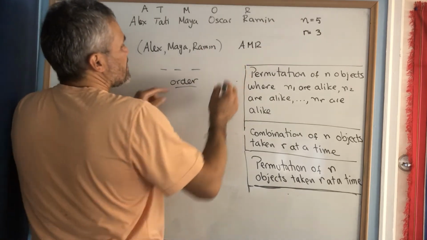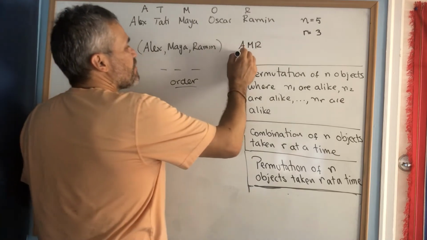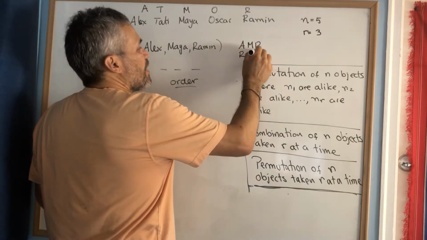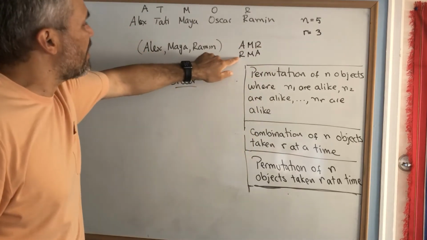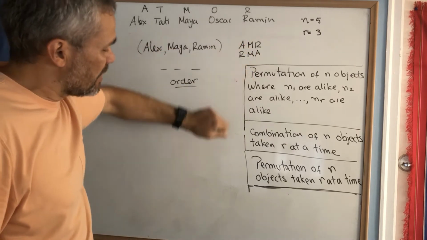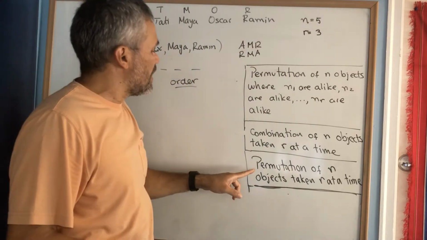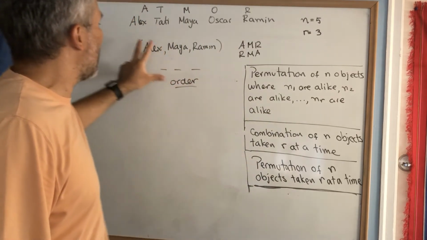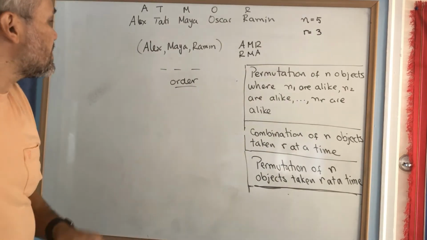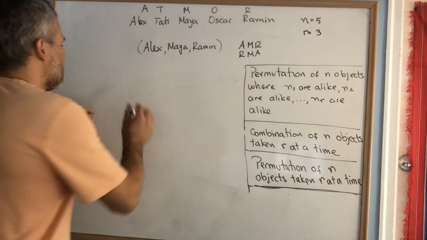Notice that this one means that Alex got first, Maya got second, and Ramin got third. But if I say R, M, A, that means that Ramin got first, Maya got second, and Alex got third. The order matters, and that's the reason it's called a permutation. Let's see how many of these we can have. Again, this is a consequence of the basic counting principle.